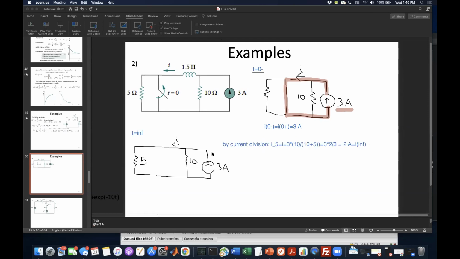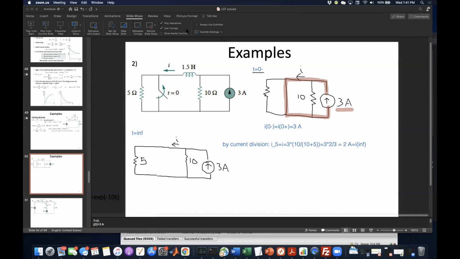So in this picture, we have a current divider with 10 ohms on one branch and 5 ohms on the other branch. The 5 ohm branch has 1/3 of the resistance, and so it will carry 2/3 of the current, which is 2 amps.